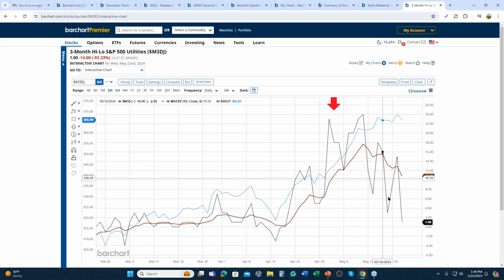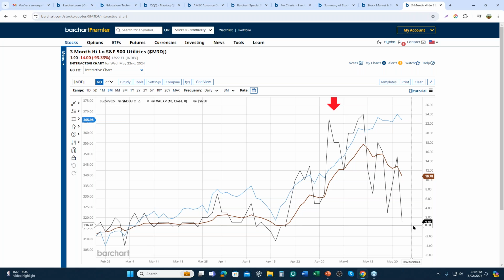But what has happened in the last couple of days or in the last week or so is we got to an extreme, and now fewer stocks are making new 3-month highs. As a matter of fact, you can see today only one stock is making a new 3-month high in the whole sector. So what would this be? Well, this would be a confirmation of divergence, right? And this could mean that the breadth of this particular sector is waning.